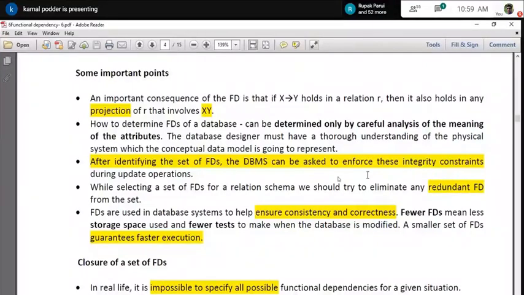That means, suppose there are 5 attributes in the relation, and x and y are 2 of them, so that particular functional dependency exists there. Now, out of that 5, if you project only 3, and x and y are still there, then the same functional dependency will also hold good for that particular projection.